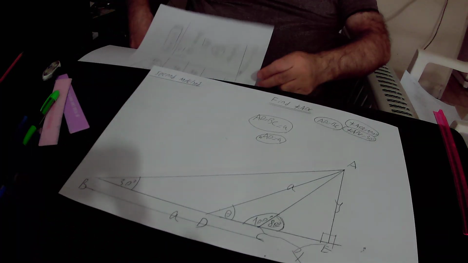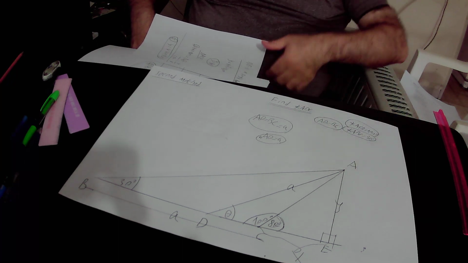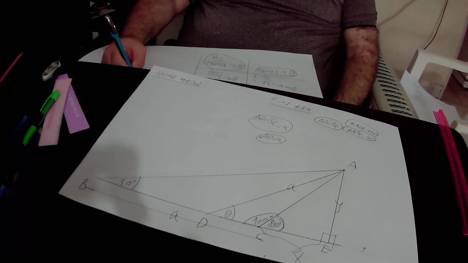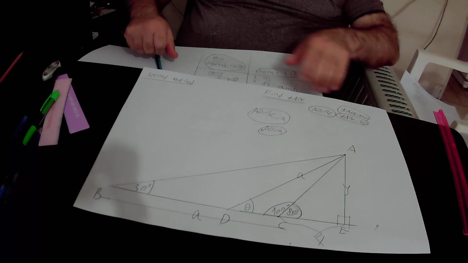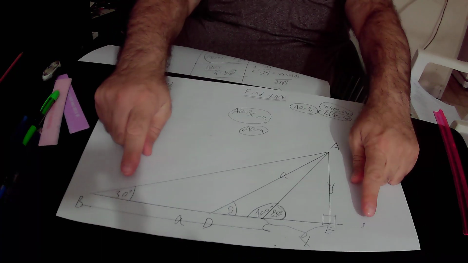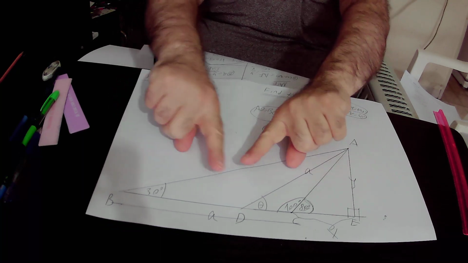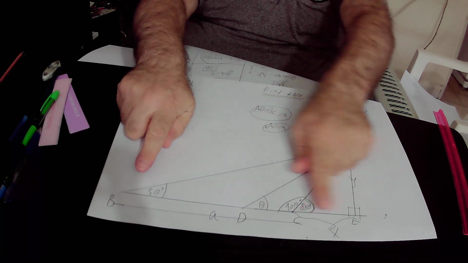But according to our definition, AE equals y, and the value of BE is actually a plus x. Again, BE equals a plus x.